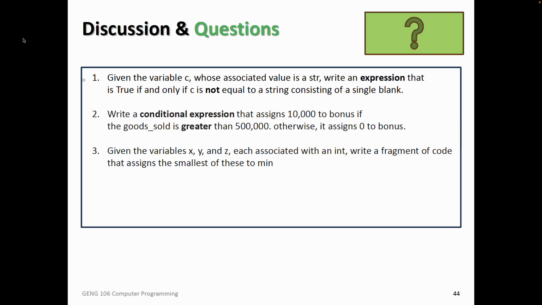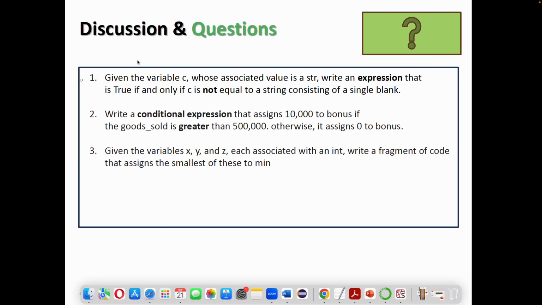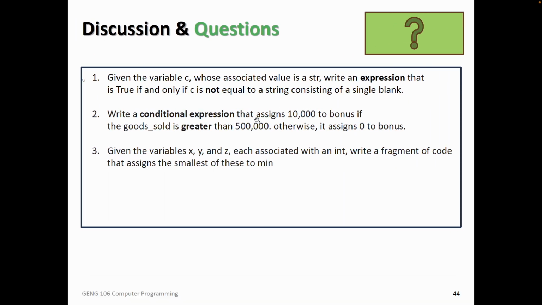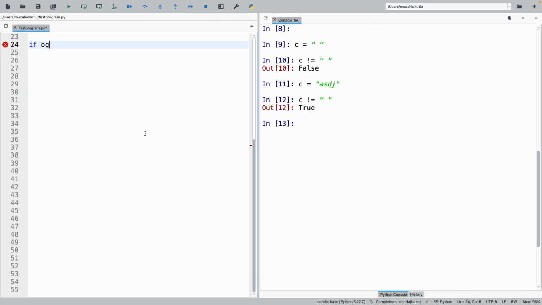The second one. That assigns 1,000 to bonus if the goods sold is greater than 500,000. If the goods sold, so I'm writing the left part, goods sold is greater than 500,000, then what?